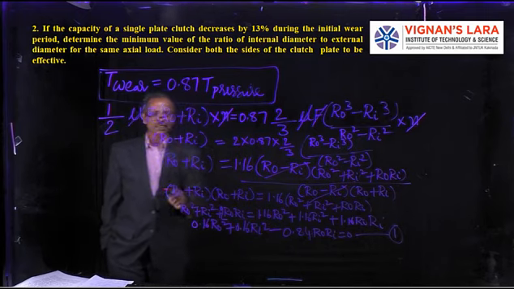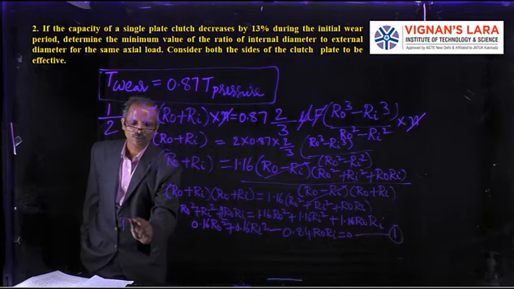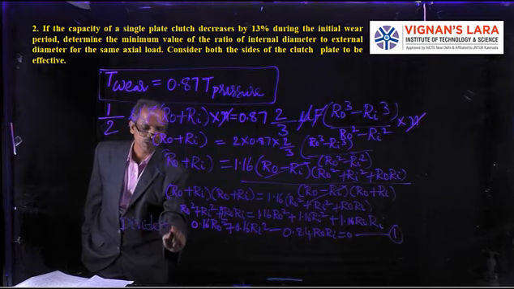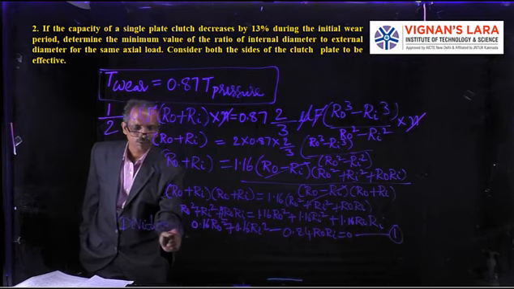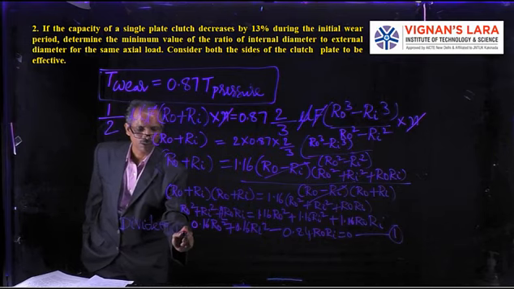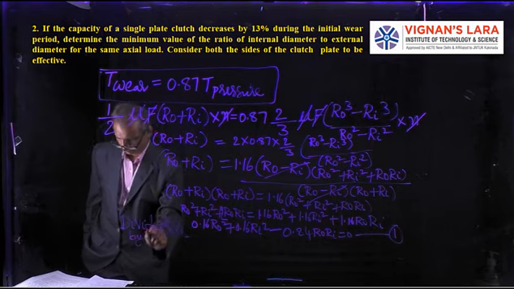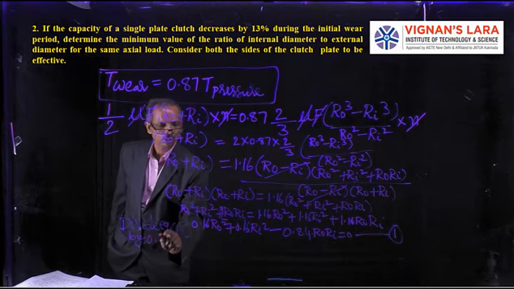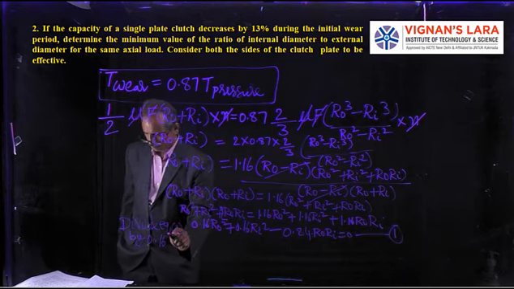So divide the entire equation 1 by 0.16 R naught square.